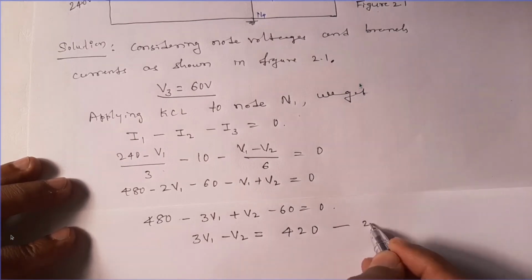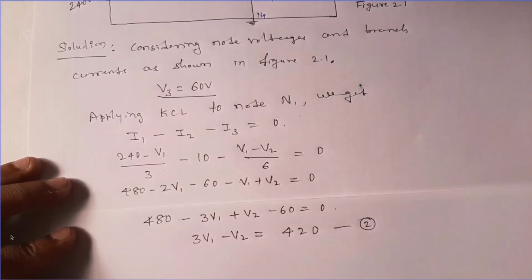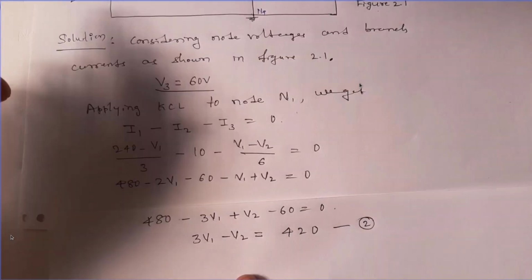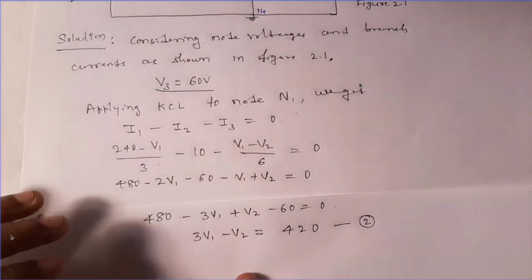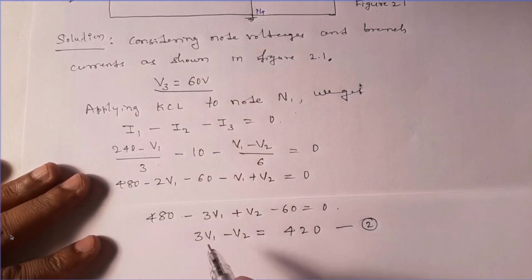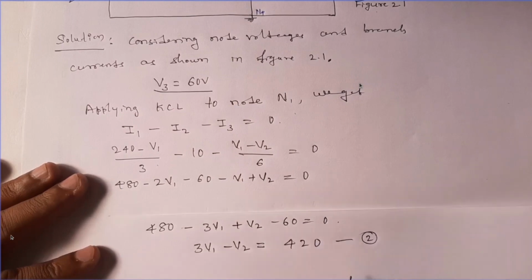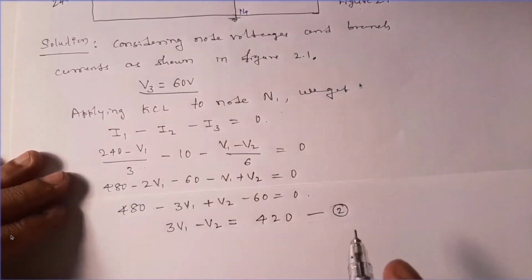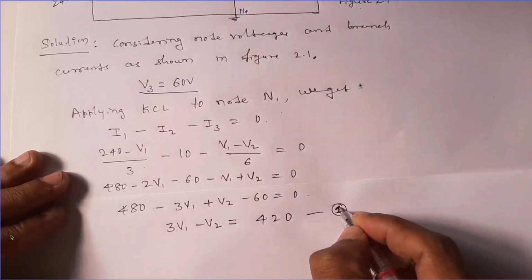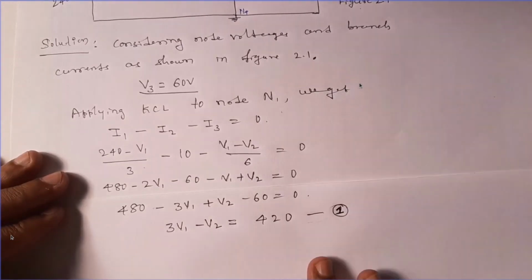Okay, I call this equation number 1. So now dear students, we have 2 equations and 2 unknowns. Okay, we have just obtained the first equation.